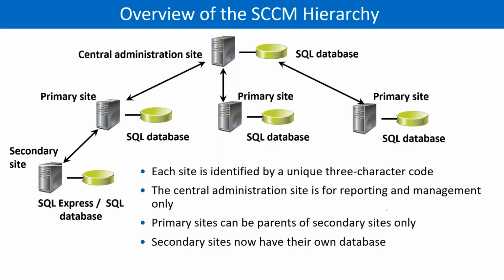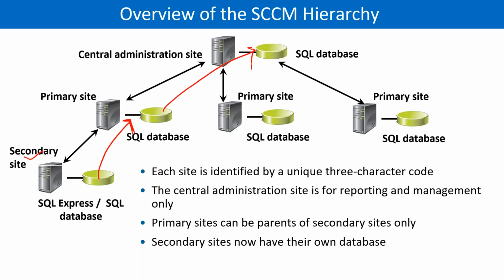Now the database replication happens. Every site will have its database, whether it is central, primary, or secondary. All must have a database. So secondary will pass the database data to the primary site database. Primary will pass the data to the central administration site.